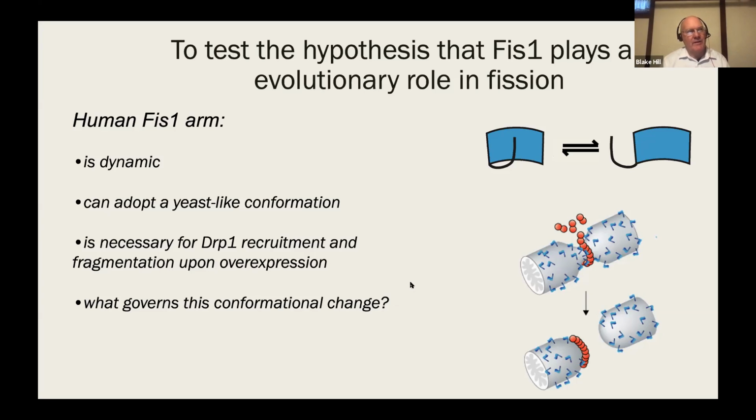We are just starting to do those co-IPs in our lab. When you add DRP1 to FIS1 in interaction studies, we've seen different results depending on what the student in lab has done. Generally, we don't see a strong reproducible interaction. But we need to look at that upon removal of the arm and see if that actually impacts that.